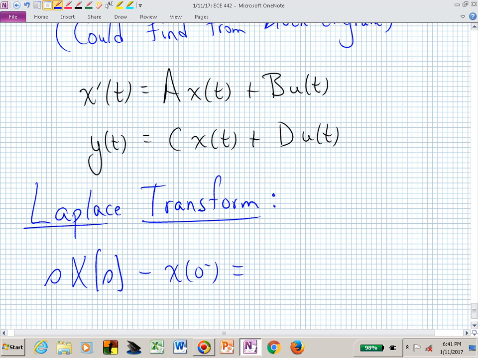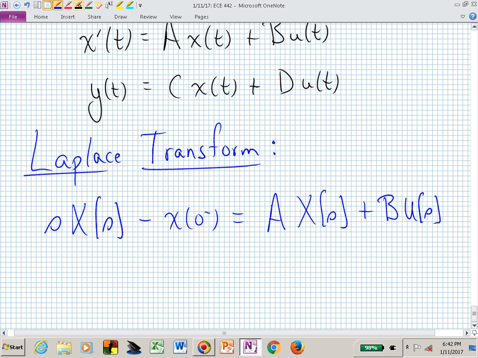A is a constant matrix, so the Laplace operator can slide right through that, or the A can be factored out of the Laplace, and now we're just Laplace transforming x of t, which is just capital X of s. So now we have A capital X of s. Bu is similar. The B is constant, and we Laplace transform little u of t into capital U of s. Since we're looking for the transfer function, we can neglect the initial condition.